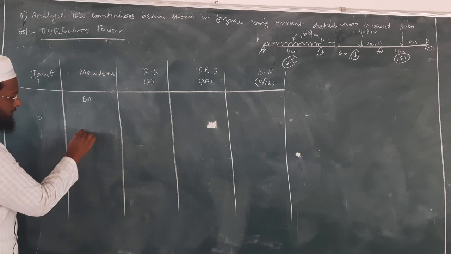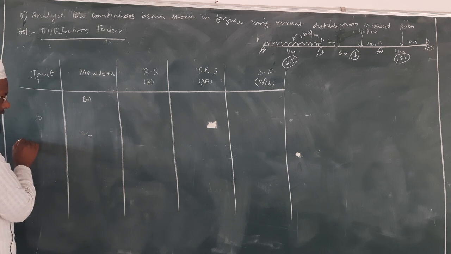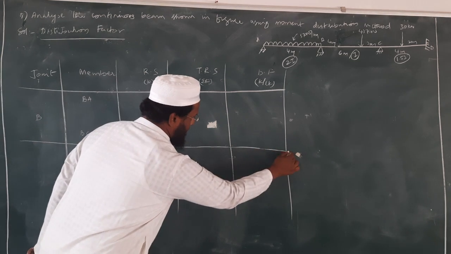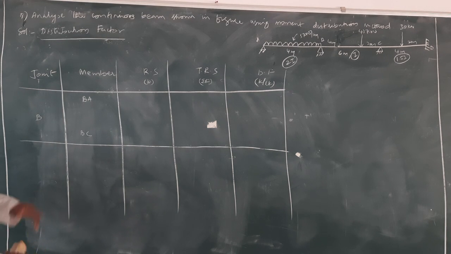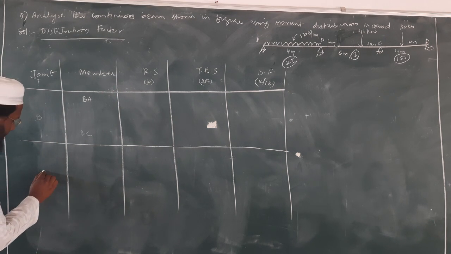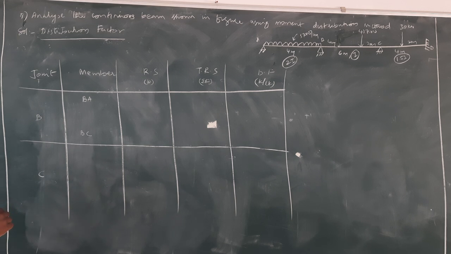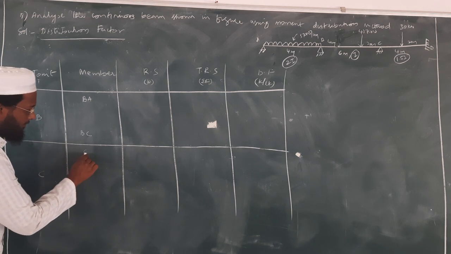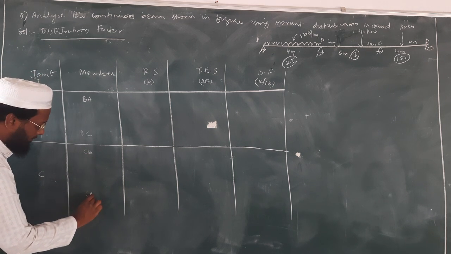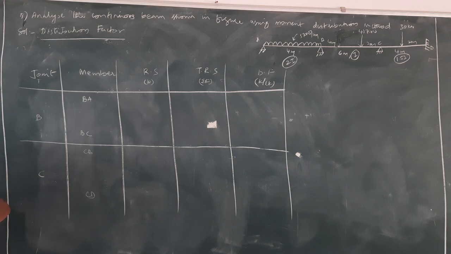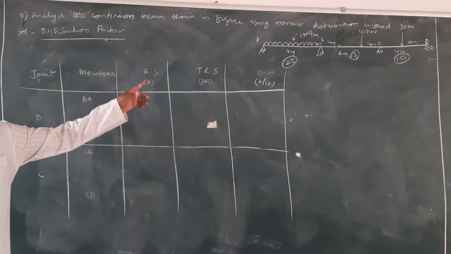BA and BC. Okay. Next, you tell me what is the next joint we have? C. How many members are connected to joint C? CB and CD.